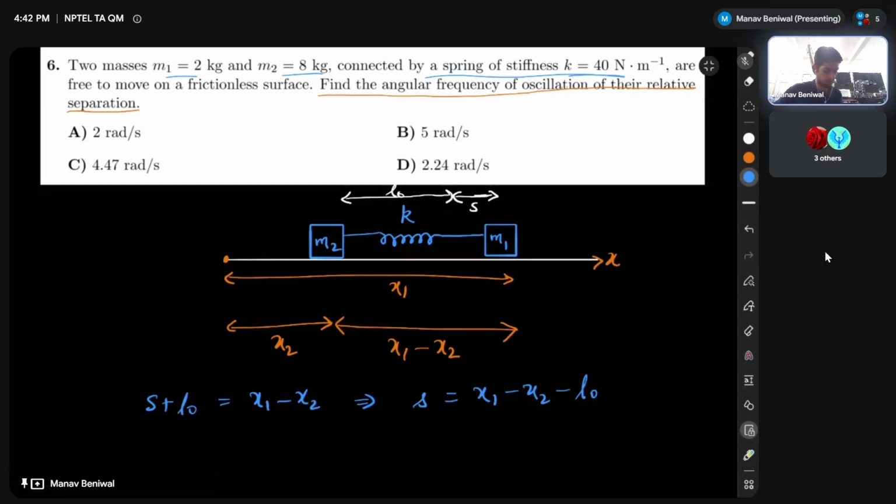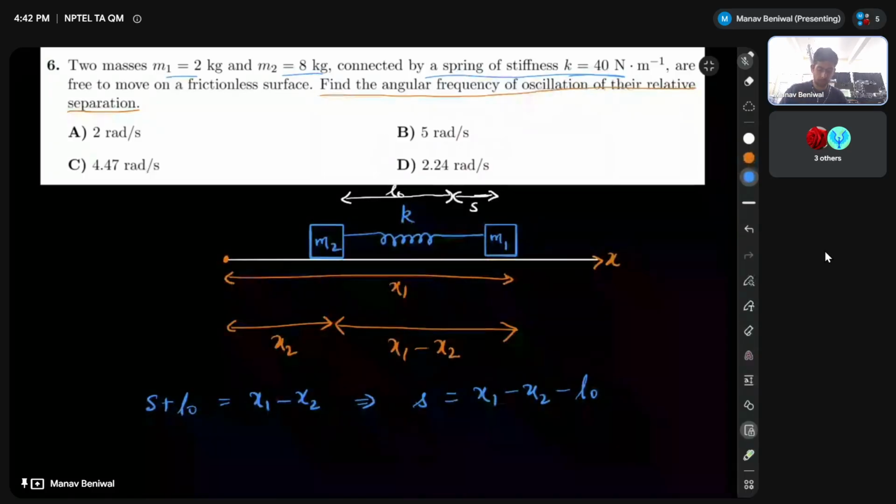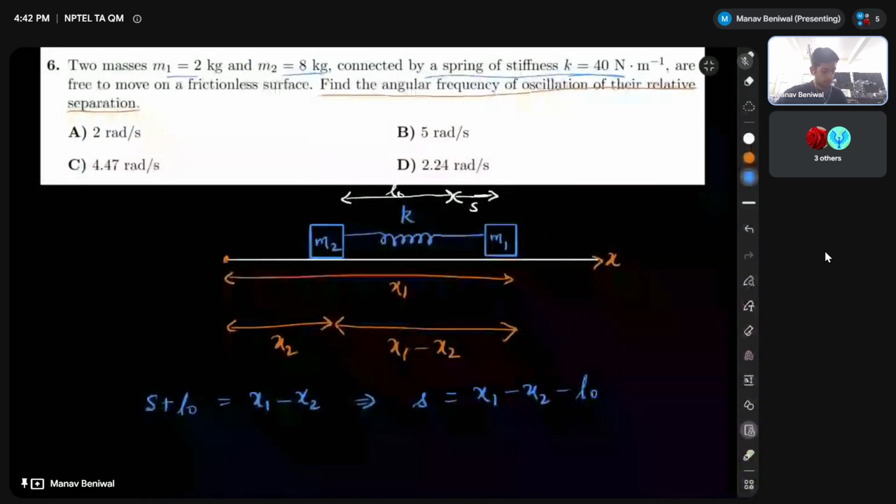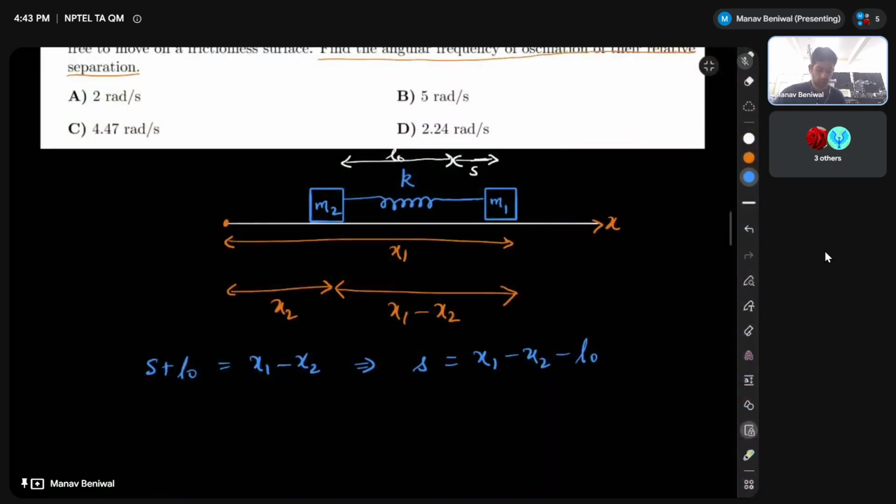So this is the equation that we have. Now for these individual blocks, we can write Newton's second law.